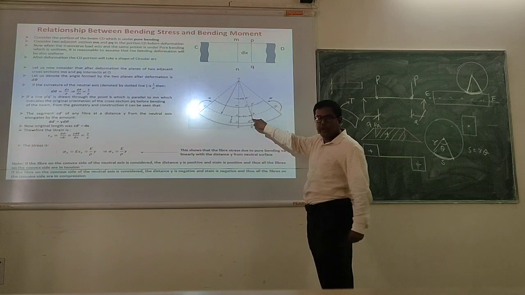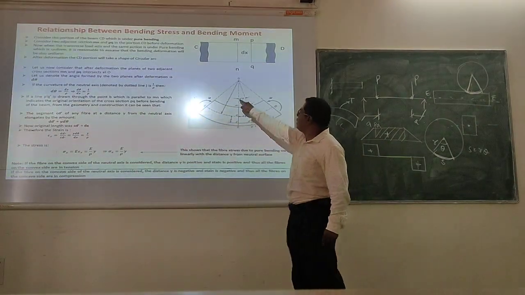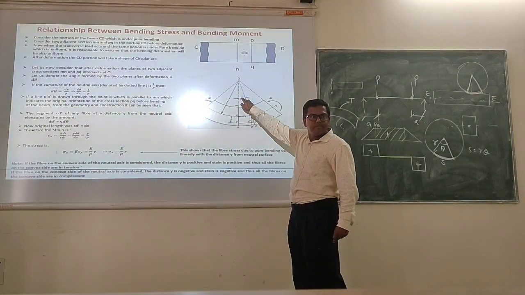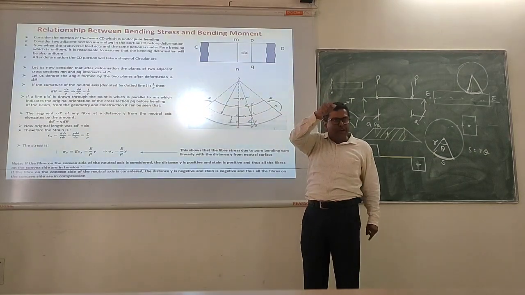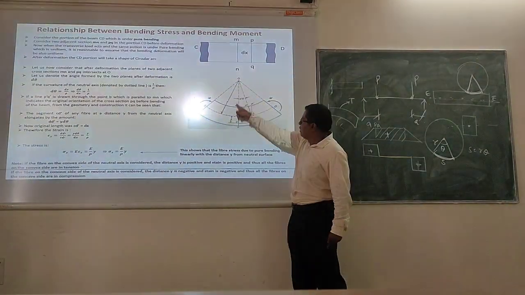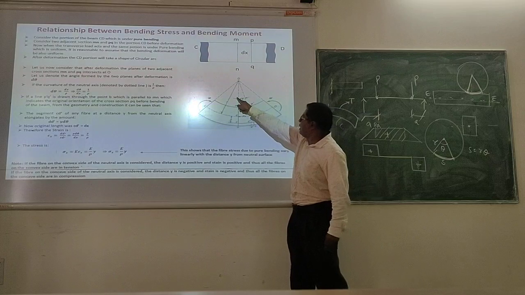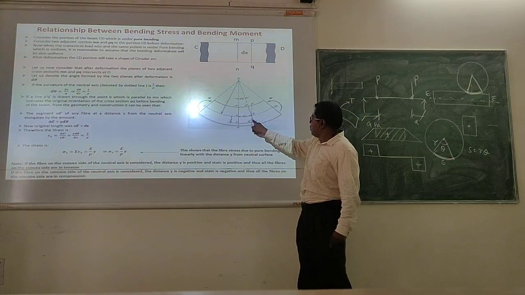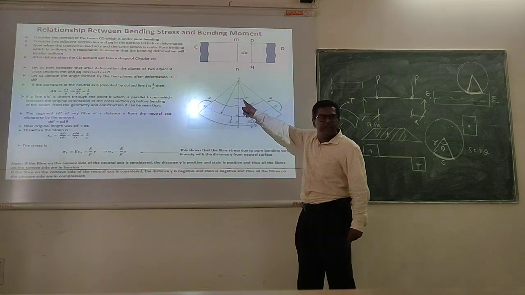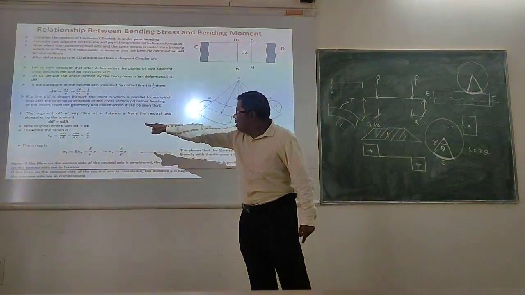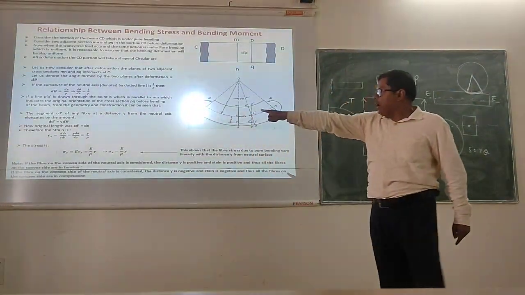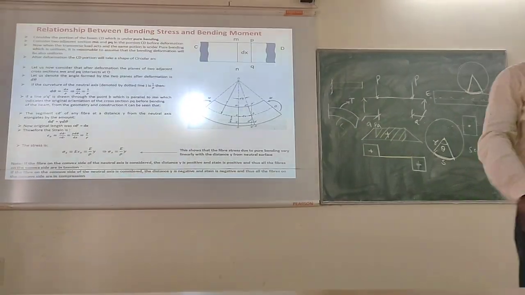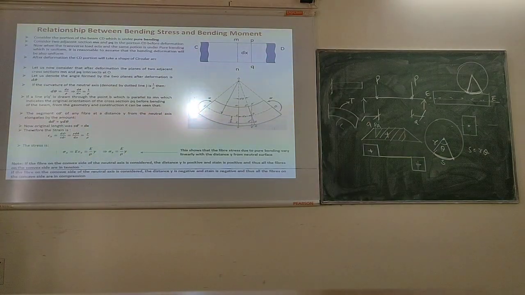If you come from geometry, this angle again will be equal to d theta. If this angle from this to this is d theta, between these two also the angle will remain d theta. Okay? So your d dash will become equal to y into d theta. This will come from geometry. Clear?